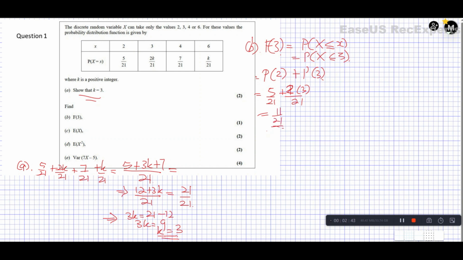Okay, that's the answer. So part C, that's expected value, which is average or mean.